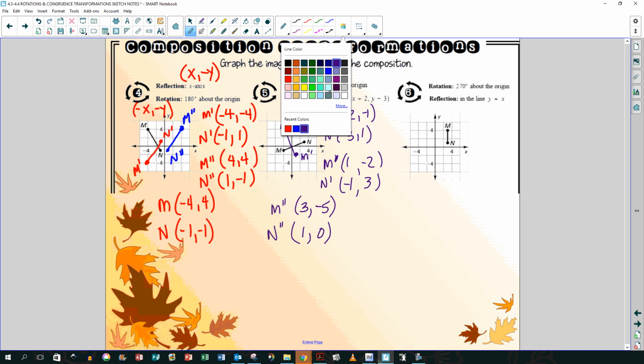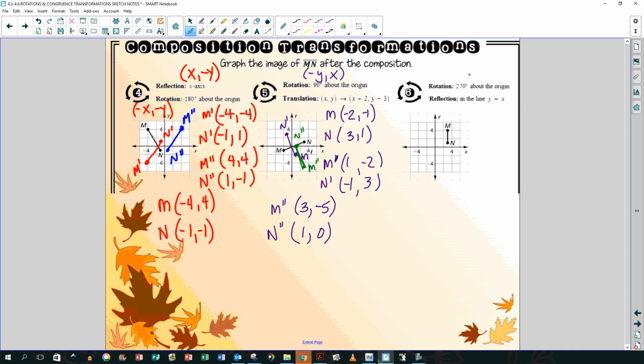So let me do that in a different color. All right, so 3, -5. So 3, 2, 4, 5. And then 1, 0. So there's my M double prime, there's my N double prime, and there's my ending line. So I just took this here and I just slid it over and down.